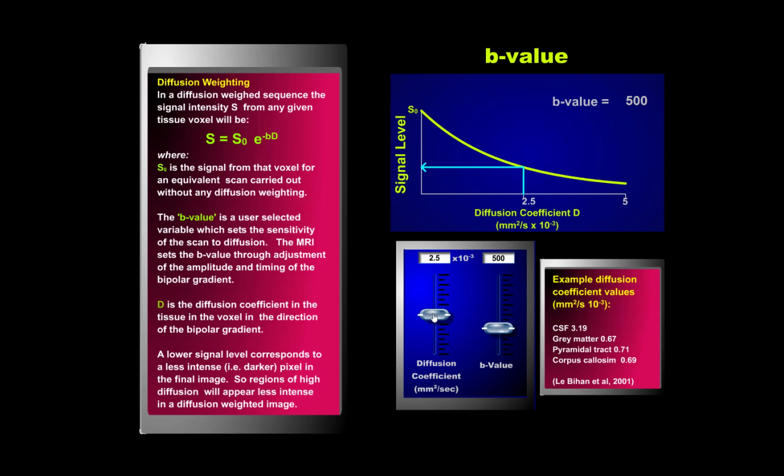So if we increase the diffusion coefficient, the signal level is going to drop. So in other words, the more diffusion in a voxel, the lower the signal we expect. And the more restricted the diffusion, right down to the point where there's no diffusion at all, we expect the signal to be higher. Okay?